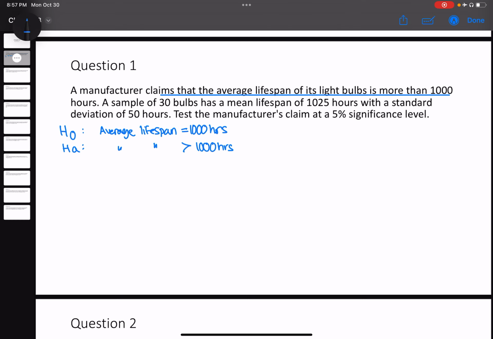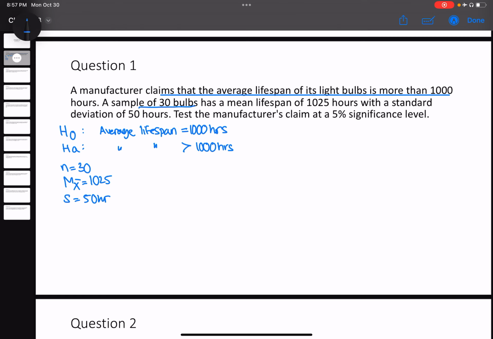Also here we have a sampling distribution with 30 bulbs, with mu of x bar as 1025 with a standard deviation of 50 hours.